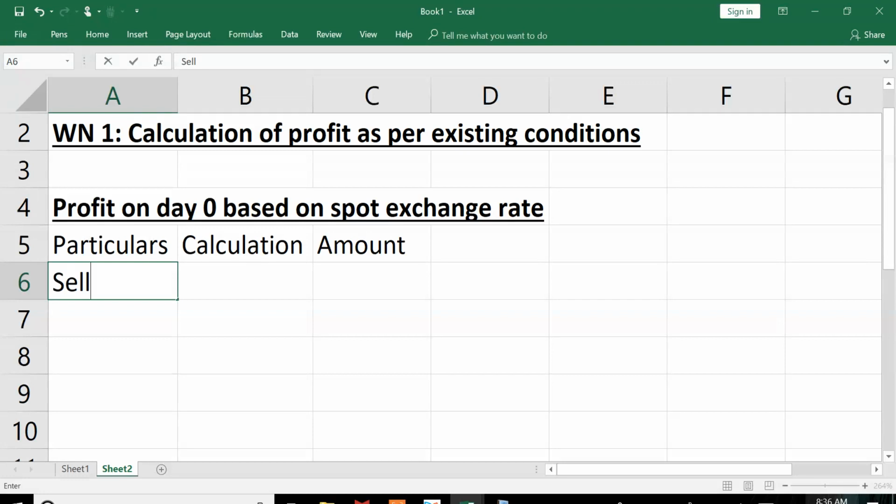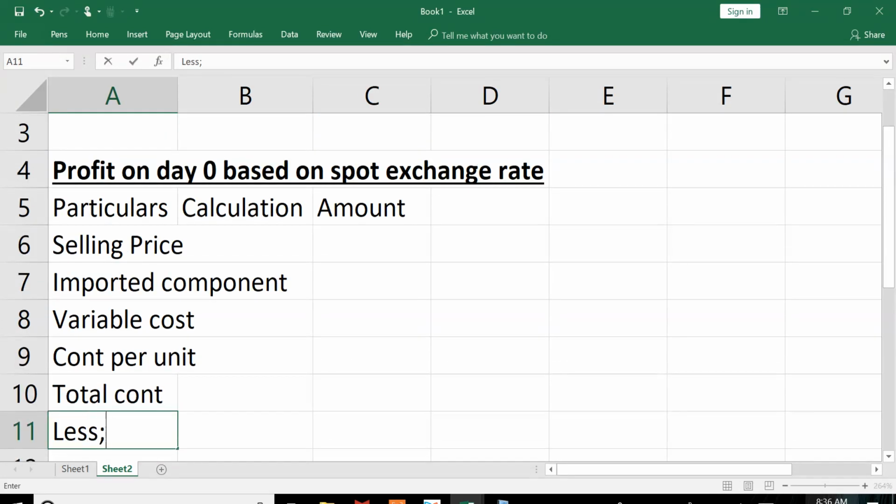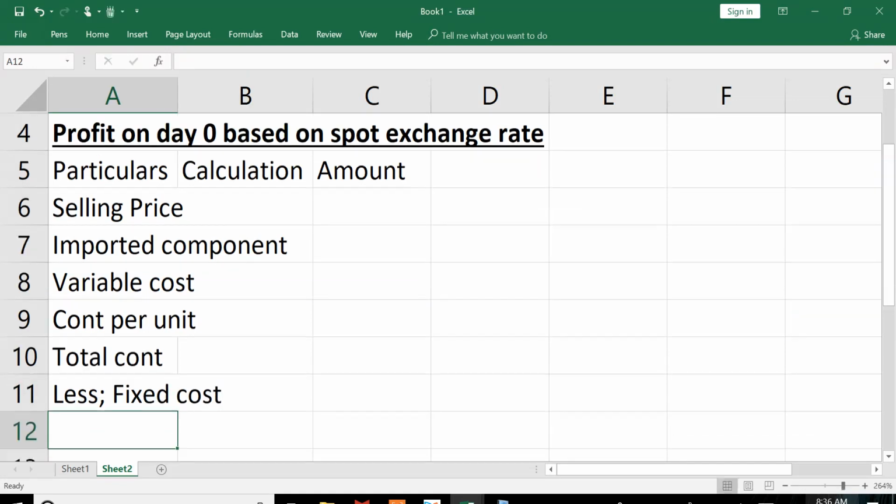Selling price, imported component, variable cost, contribution per unit, total contribution, less fixed cost, and you get your profit.